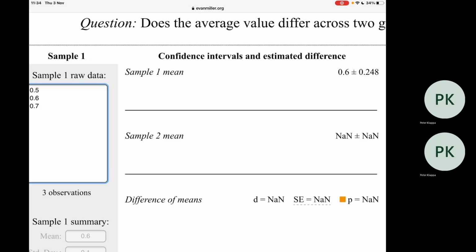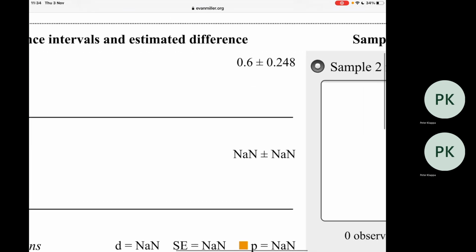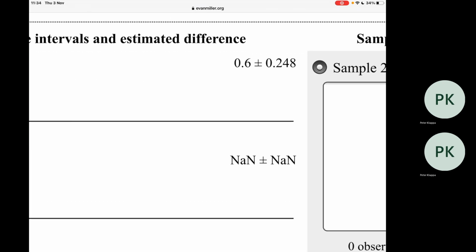If you look at the data, we've got the mean here as 0.6, so it calculates the mean. And then it also calculates the range of the confidence. 0.6 plus minus 0.25, let's say.